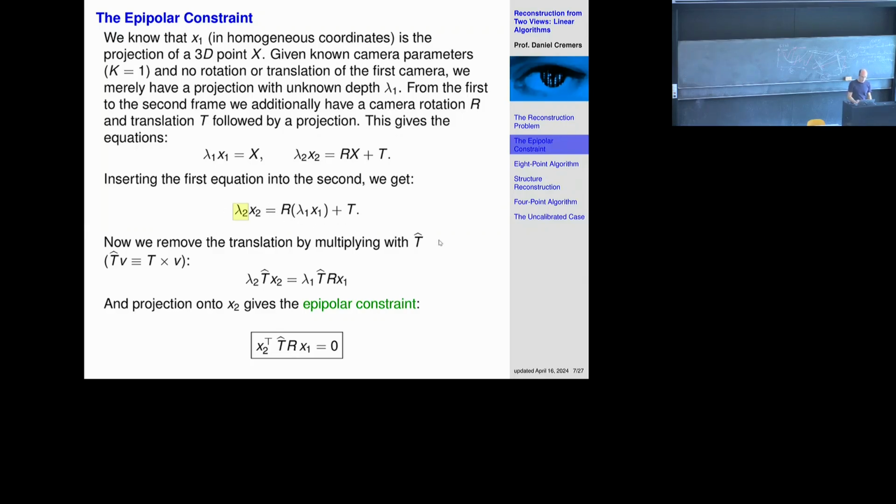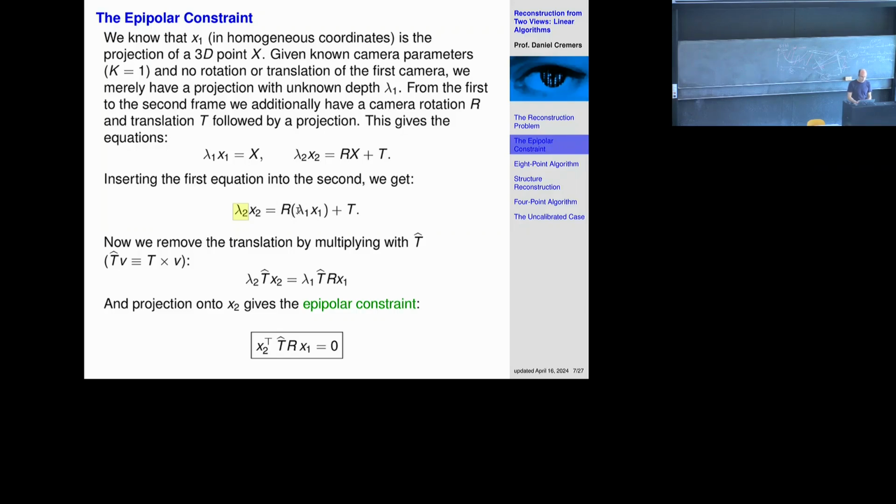What we'll do is we'll first multiply with t hat. T hat is this 3 by 3 skew-symmetric matrix that models the cross product with t. And if we multiply that from the left, we get t hat times x2. Lambda is a scalar, so we can pull it out of this matrix-vector product. So we get lambda 2 t hat x2.